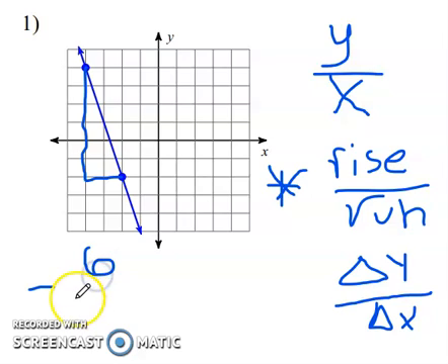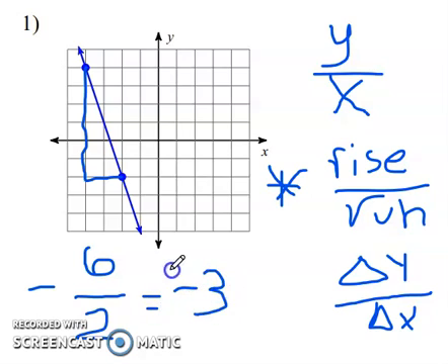That's my rise. That's the change in my y value. That is how quickly my graph went up. And then we're going to compare that to how long it takes. So 1, 2. So 6 divided by negative 2 is negative 3. So this graph has a slope of negative 3.